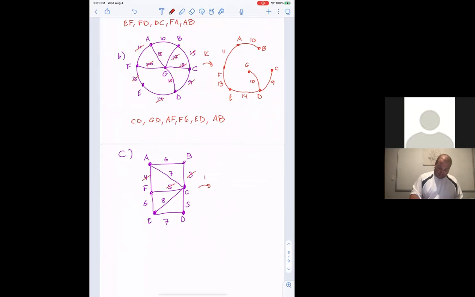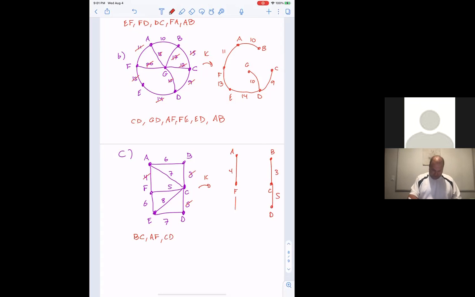So now, Kruskal. Let's delete those. So starting with the edge of least weight, I have a 3. So I have BC with a weight of 3. Next one that's lowest is AF with a weight of 4. Next lowest is CD with a weight of 5.